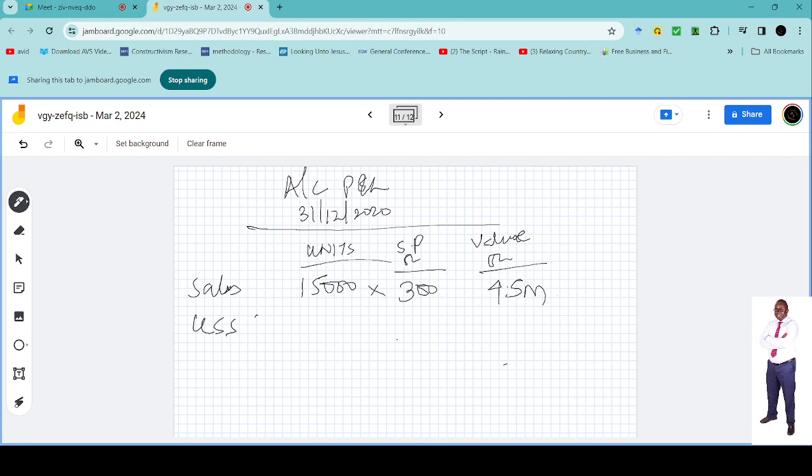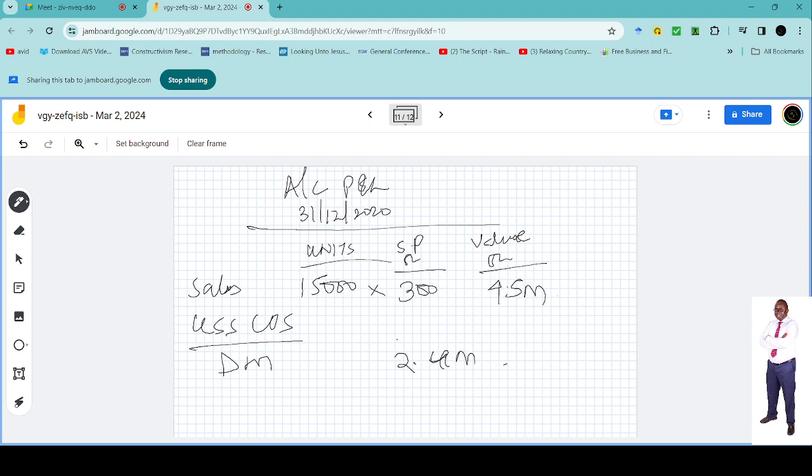Then, of course, now we are less cost of goods sold, cost of sales. So our cost of sales, we have direct material. The figure there is 2.4 million.